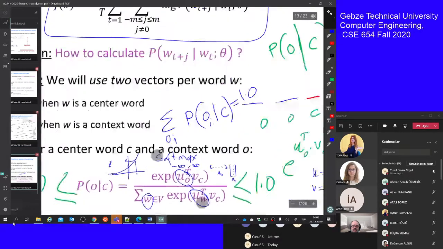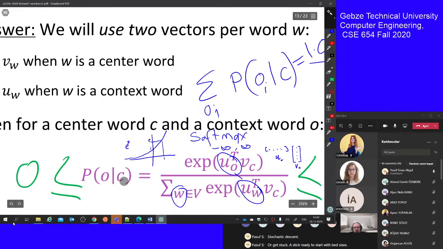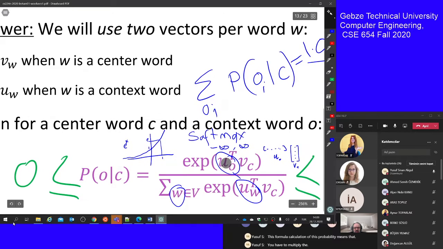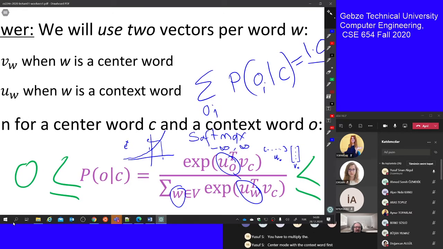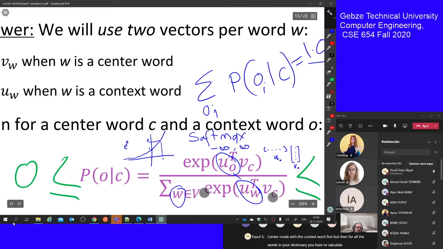Even if you are using stochastic gradient descent with batch sizes, calculating this probability means that you have to multiply the center word with the context word first, but then for all the words in your dictionary you have to calculate the denominator.